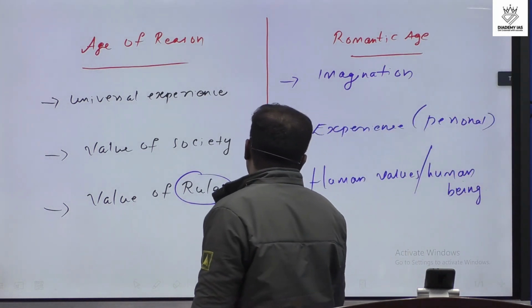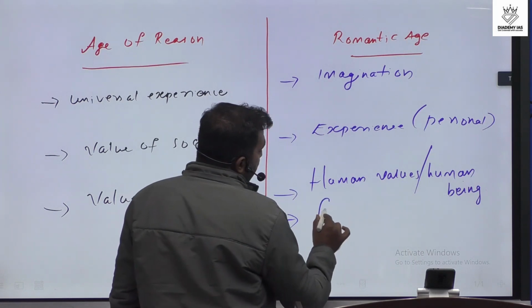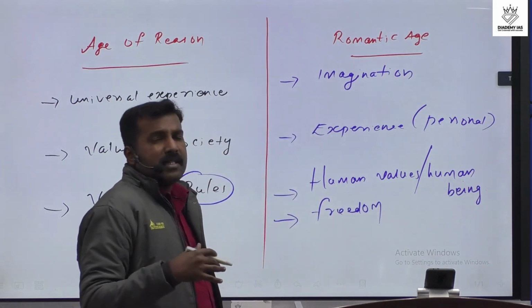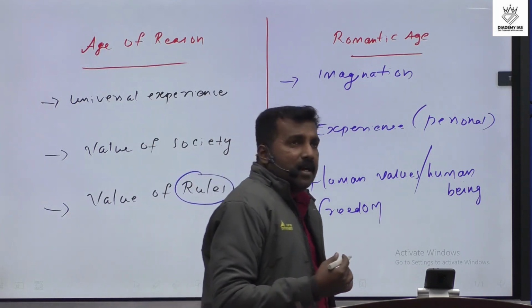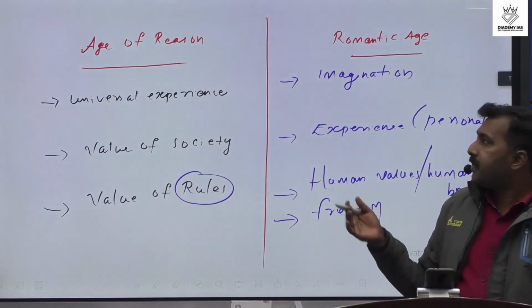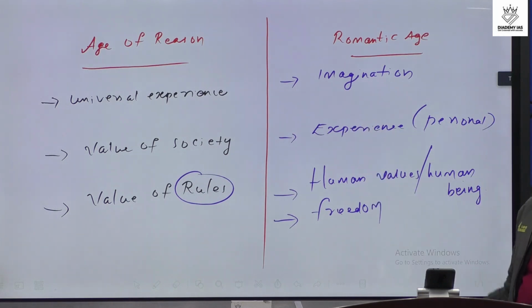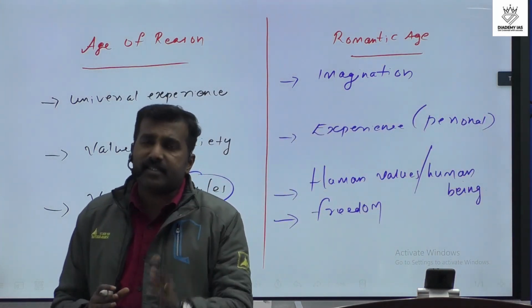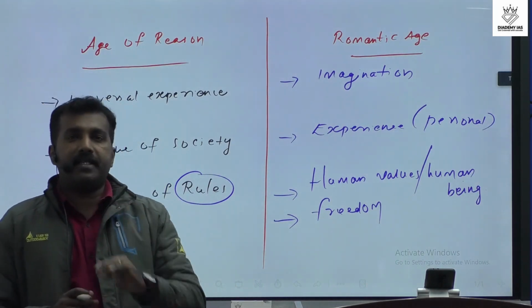And this Romanticism mainly focused on freedom: freedom of writers, freedom of imagination, freedom of presentation. So these are the two different points we have to keep in mind when we prepare this Romantic movement.